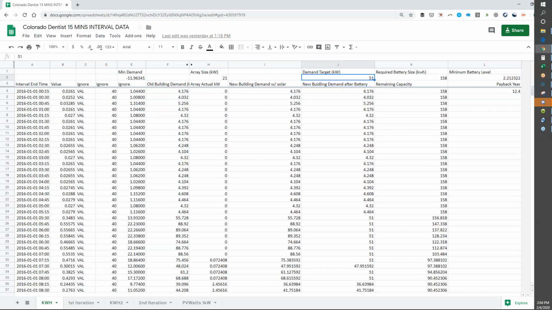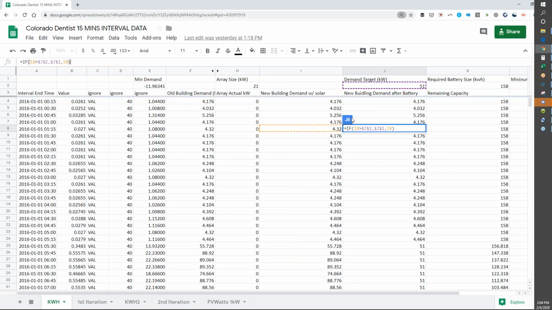And then I have a demand target size of 51 kW. Effectively, I have a graph that says if my new building demand is greater than my target demand, then make the building demand my target demand.